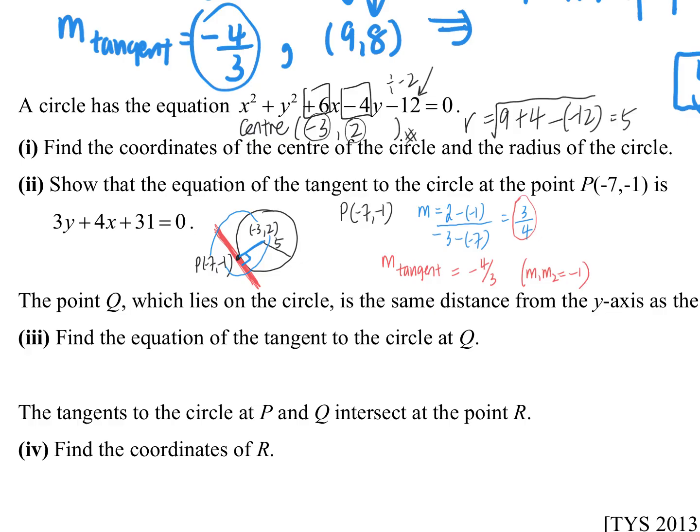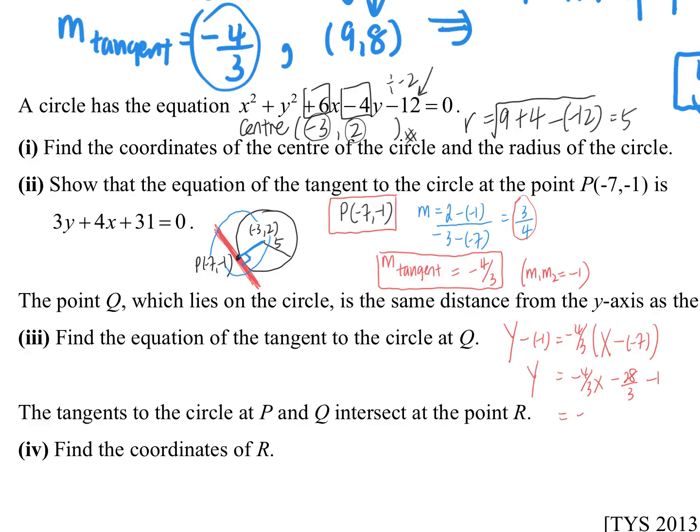So once you found the gradient, you have the point on the line. Finding the equation shouldn't be a problem. So we use the formula big Y minus small y, equals gradient, big X minus small x, okay?